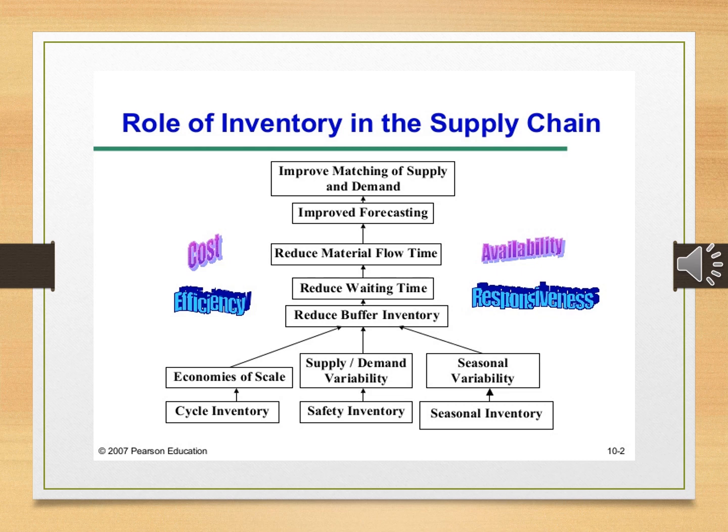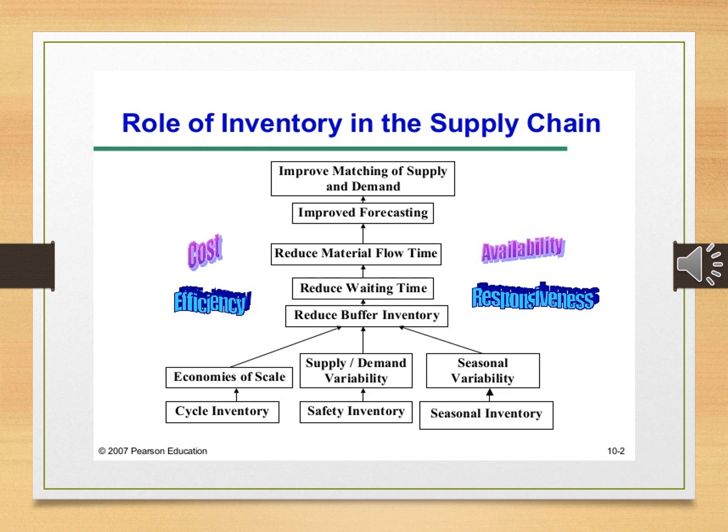Last but not least is the role of inventory in supply chain management. If you see from the picture, there are two objectives of supply chain management which are helped by inventory management. One is cost efficiency and another is responsiveness or availability. So what roles does inventory management play in supply chain management?